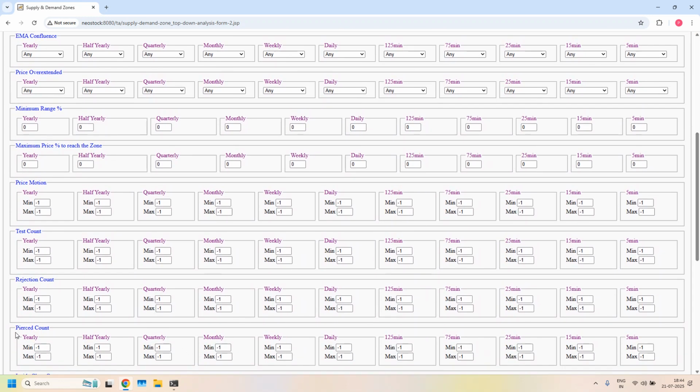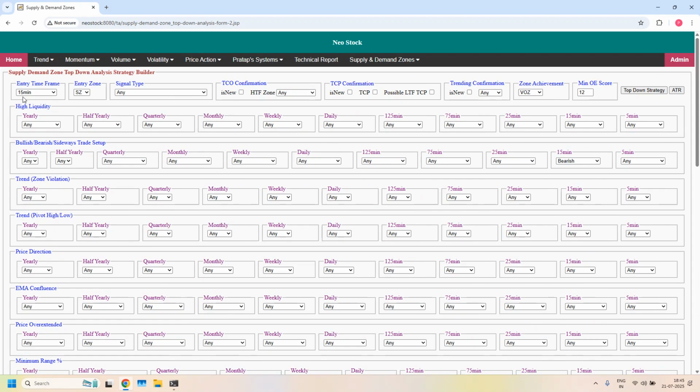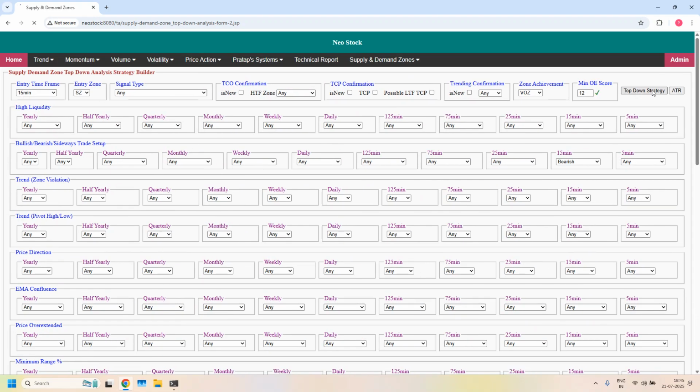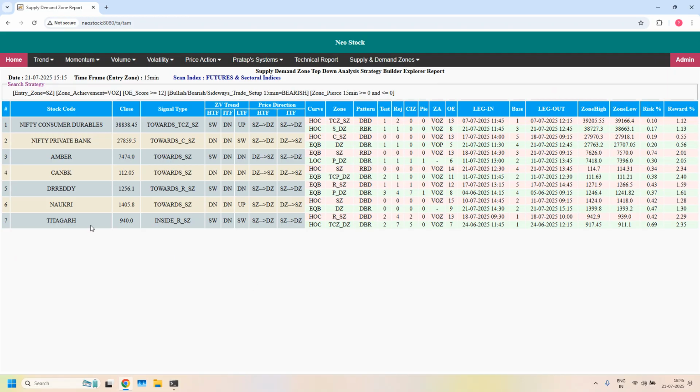So in the pierced count, at 15 minutes time frame, minimum value 0, maximum value 0. Now all the three filters are applied to 15-minute supply zone. So we got 7 stocks supporting bearish trade setup for daily income trade, and entry time frame zones are 15-minute supply zones.